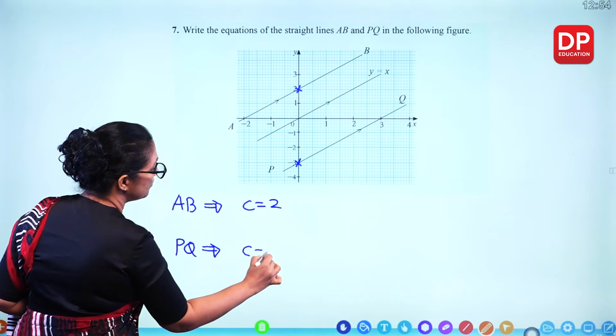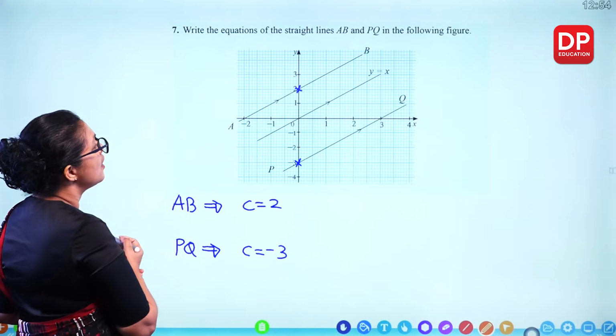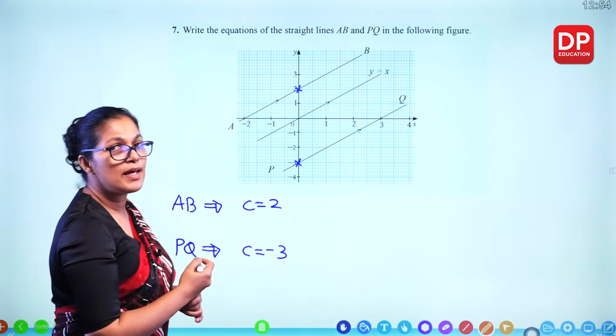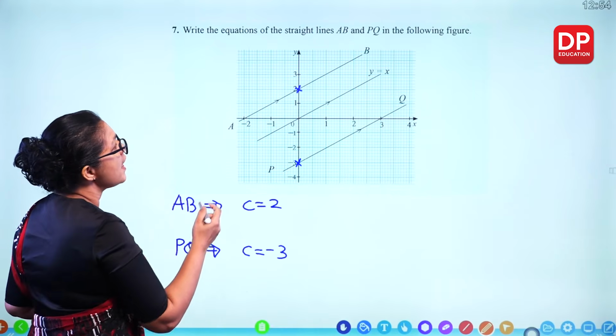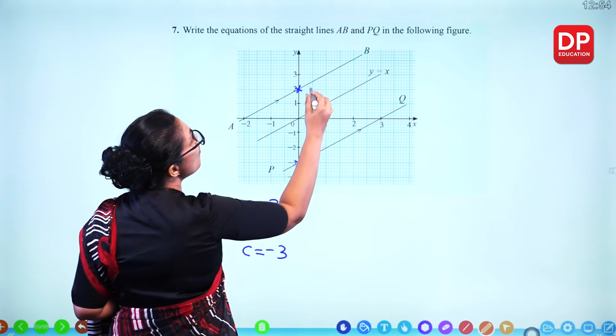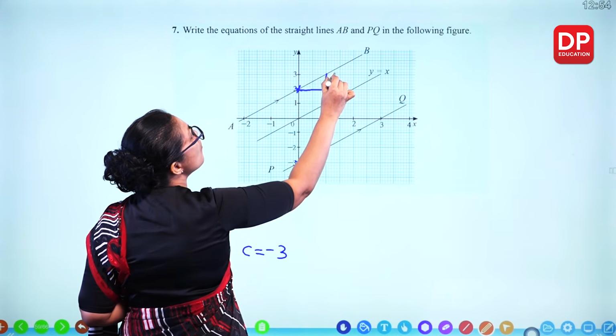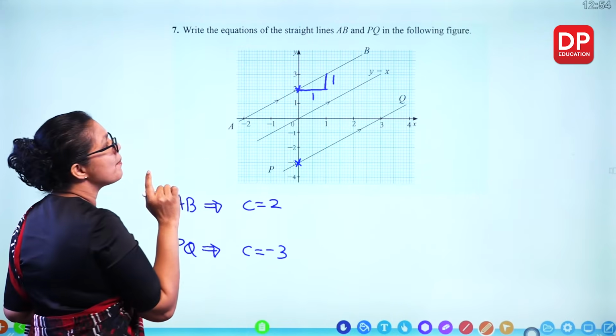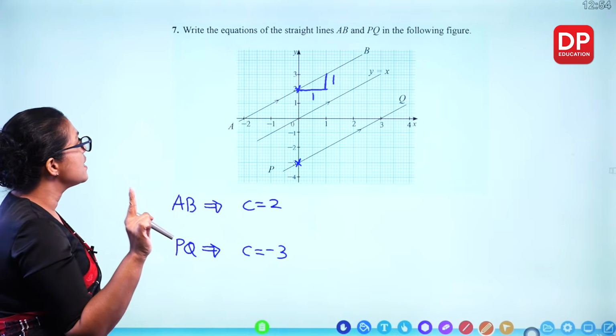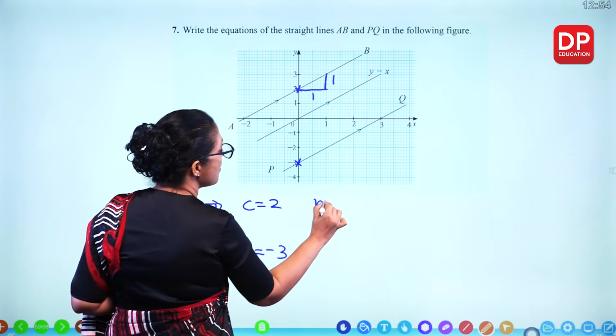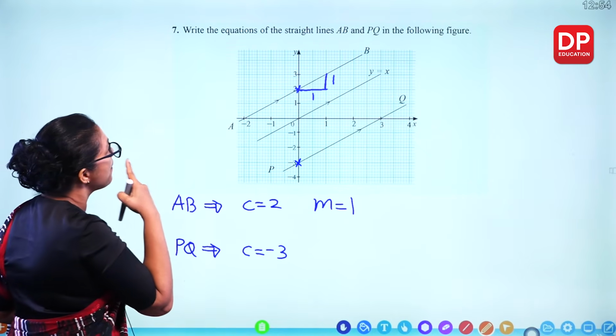Minus 3. Now we need to identify the gradient. So gradient means we looked at when it's 1 square, what's this one? 1 up, 1 square, 1 up. That means the gradient is 1 for AB line.